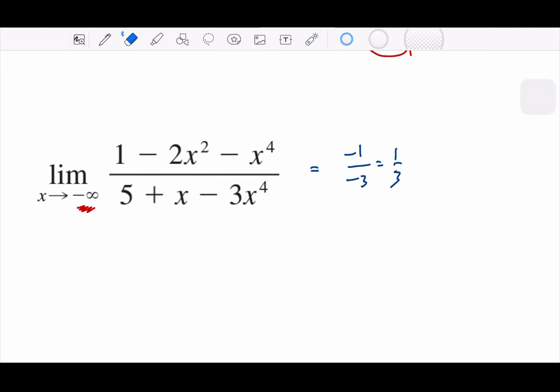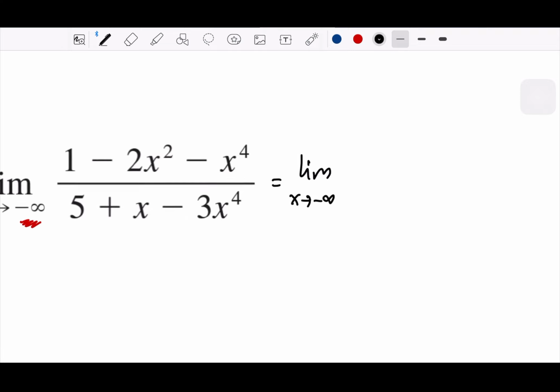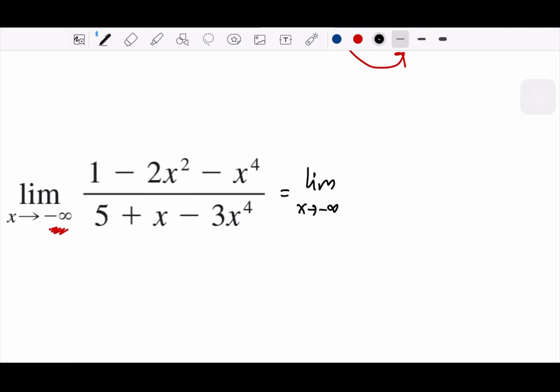Okay, but if you would like to show the proof why it's 1 over 3, we can set up the limit, and we are going to divide by the highest degree of the variable, which means x to the power of 4.